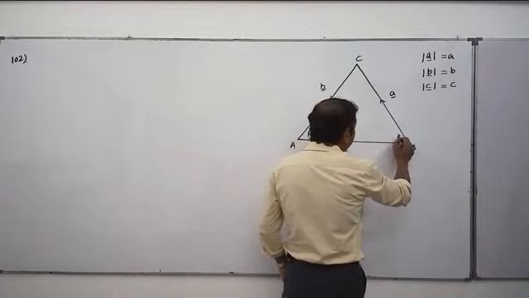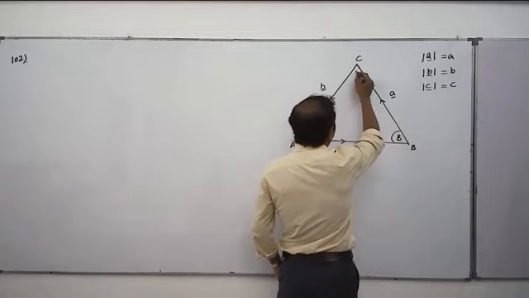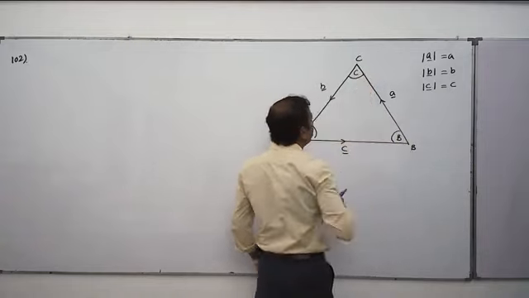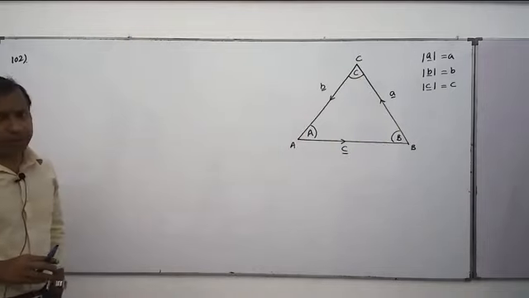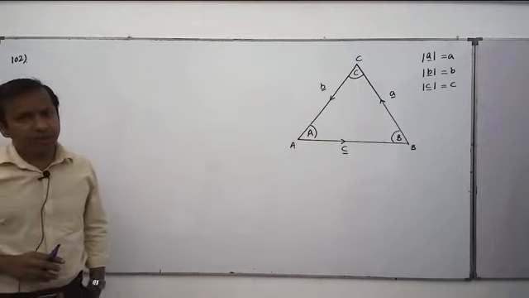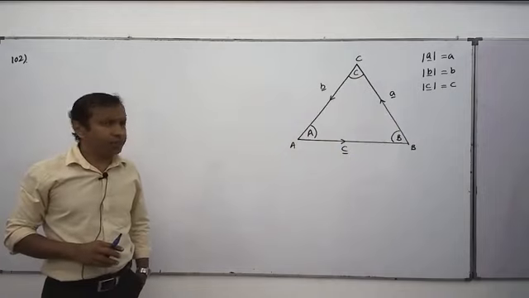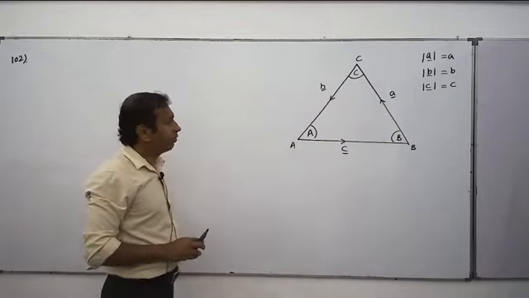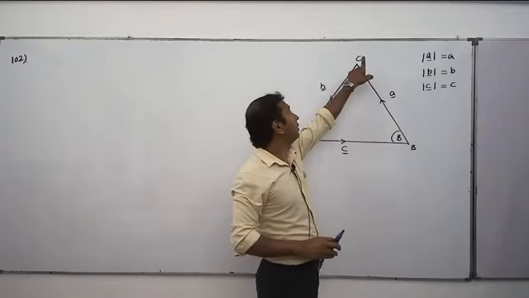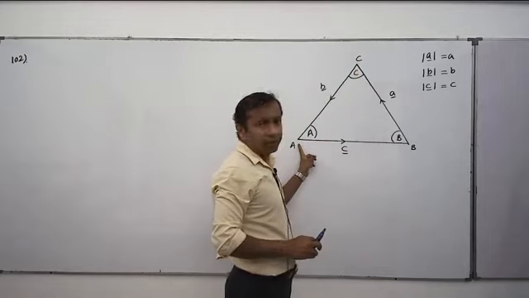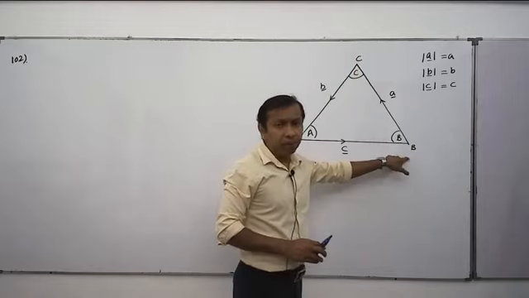This angle is B. This angle is C. Now, if I use the triangle law of vector addition to this triangle ABC, we can write, people, BC vector plus CA vector is equal to BA vector.